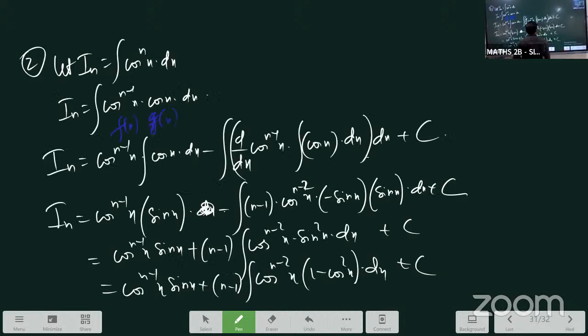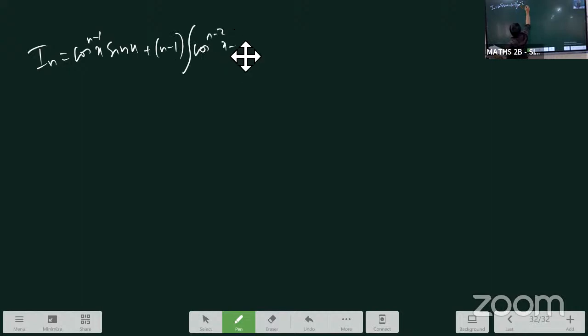Now what am I going to get? What was the last step we wrote? Now open the brackets and multiply cos power n minus 2 inside. So In is equal to cos power n minus 1 x into sin x plus n minus 1 integration of cos power n minus 2 x minus cos power n minus 2 into cos square.